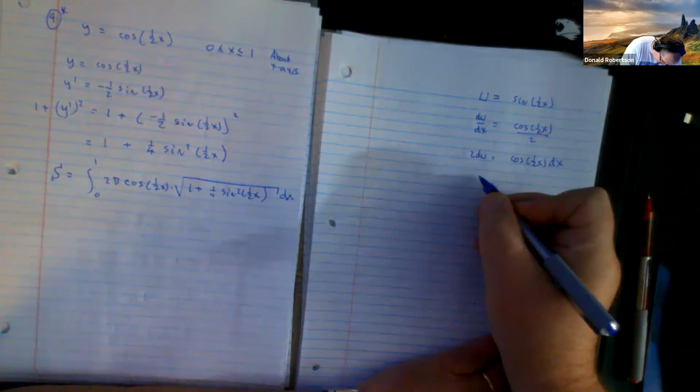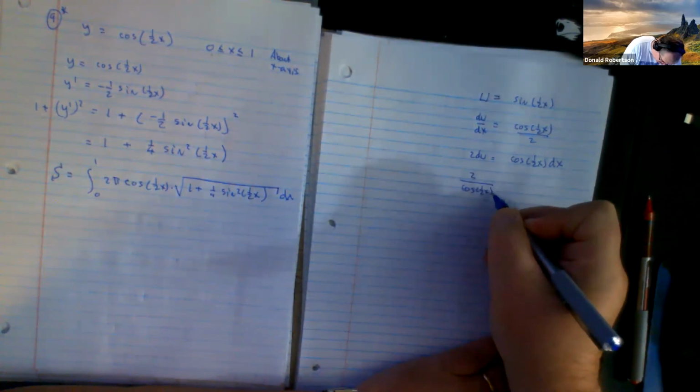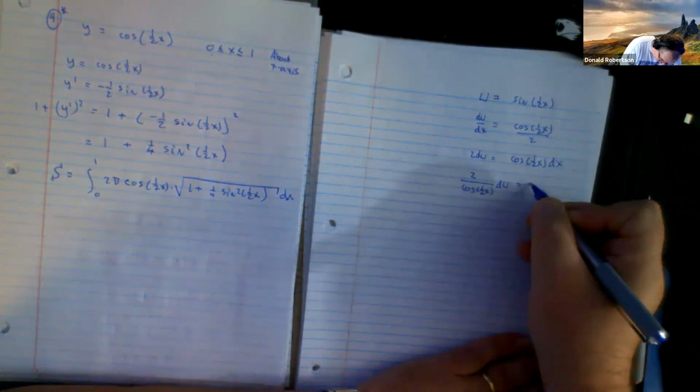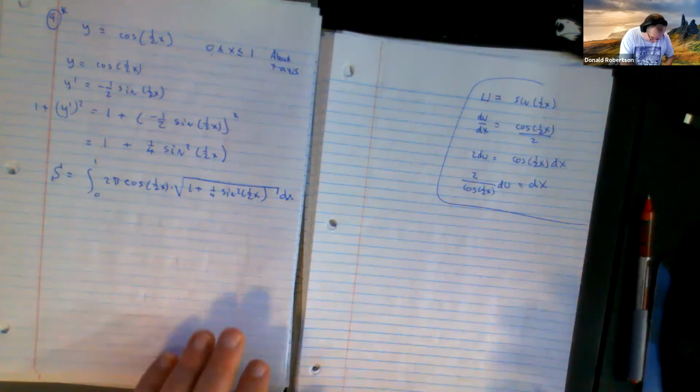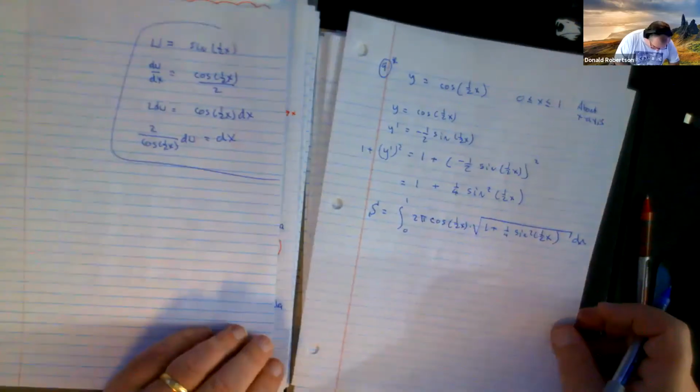And then if you divide everybody by the cosine of a half x to isolate the dx. So we have now got a reasonable chance of doing this fella.